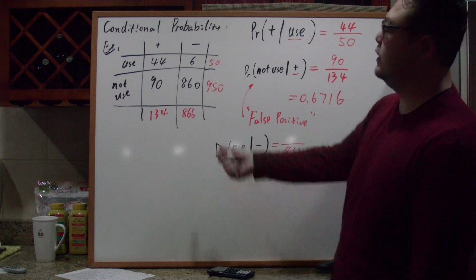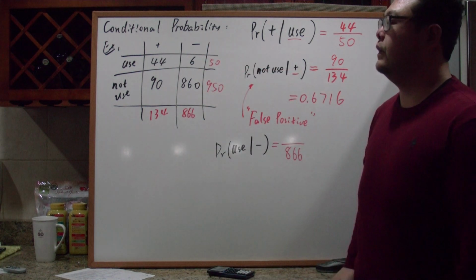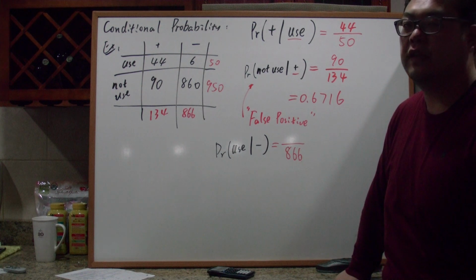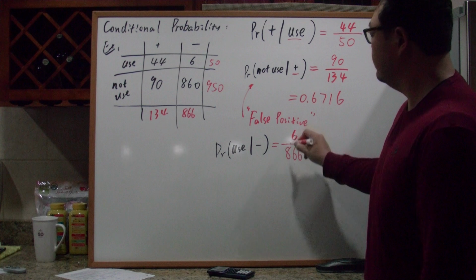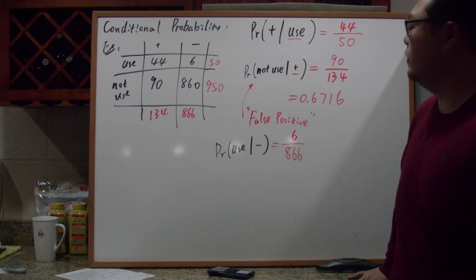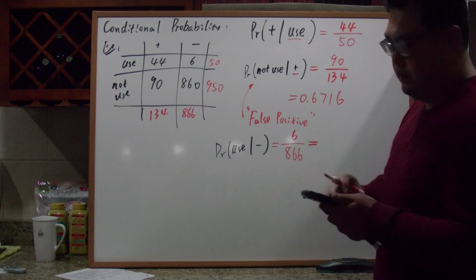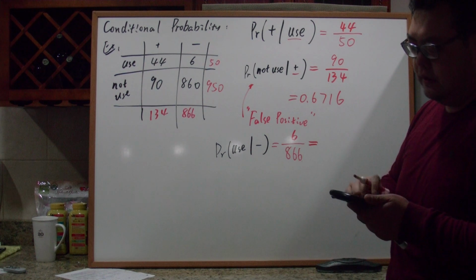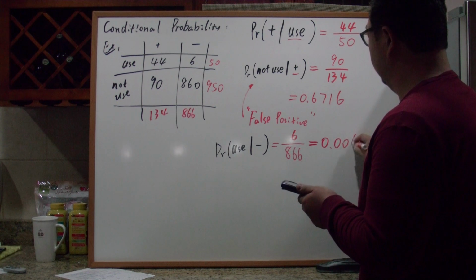Not using drugs and having a negative result is appropriate, but if the one actually uses drugs, that will be a more serious problem. So 6 out of 866 is the likelihood, and if you want to convert to decimal, 0.006.